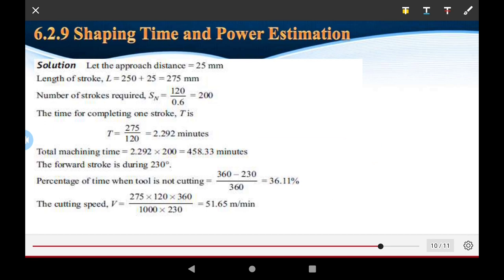Okay, and now find the value of the cutting speed v equal to the total length of the cutting stroke.